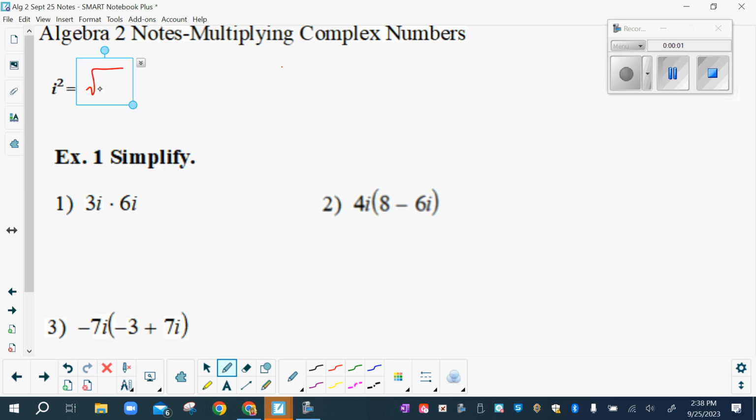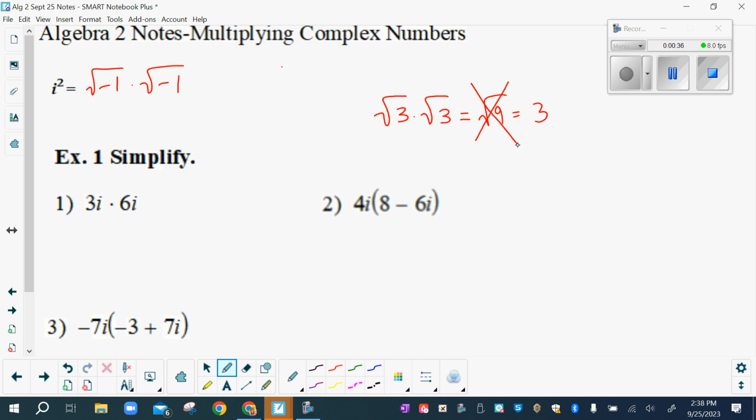The square root of -1 times the square root of -1. Before I tell you what that is equal to, if we take the square root of 3 times the square root of 3, what does that equal? Equals 3. So in your mind or on your paper, you might do this and say that it's 3.